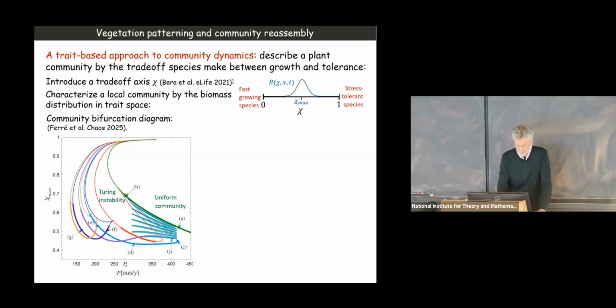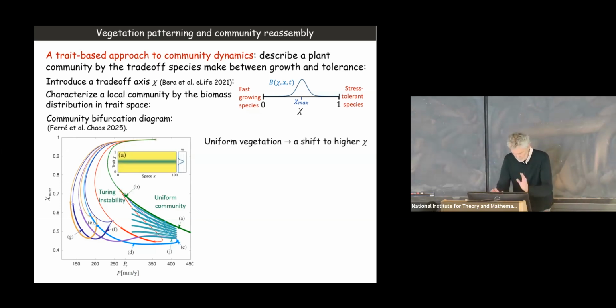The green solution branch is the uniform community. As precipitation goes down, the community shifts to higher chi, that is, to stress-tolerant species. But at some point, as precipitation decreases, the Turing instability is hit, and then we have a transition to periodic patterns.